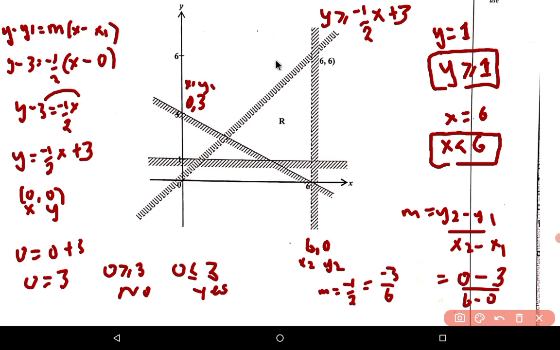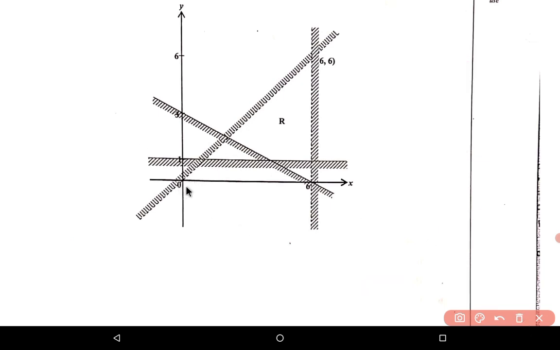We have one more, which is this one here. This one we know something about: it's meeting 2 points here. This is 6, 6, that is 1 point, and also 0, 0. So 0, 0 will be x1, y1, and this one will be x2, y2.